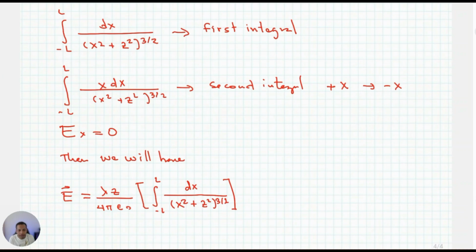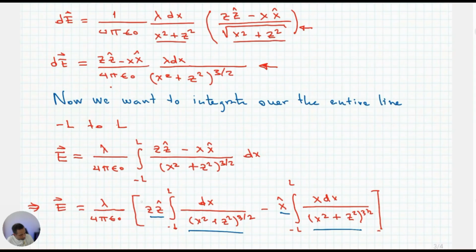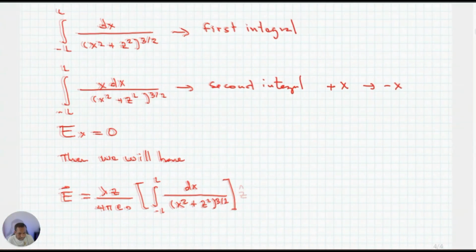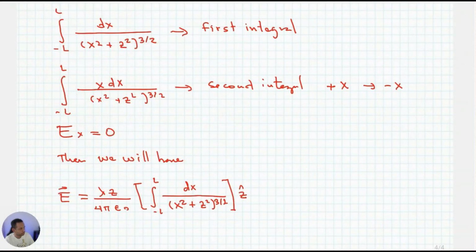Okay, that's what we have. So that comes from here. This is the only component that is surviving. Okay, guys, let's solve this integral, and we will use trigonometric substitution to solve this integral.